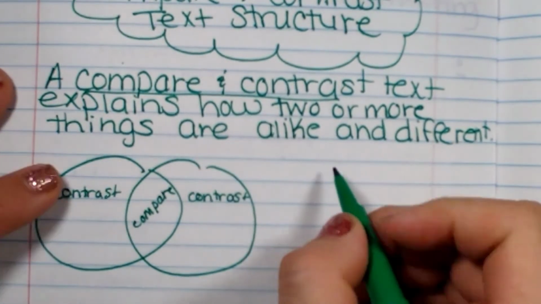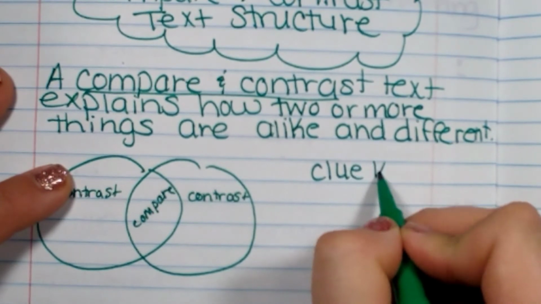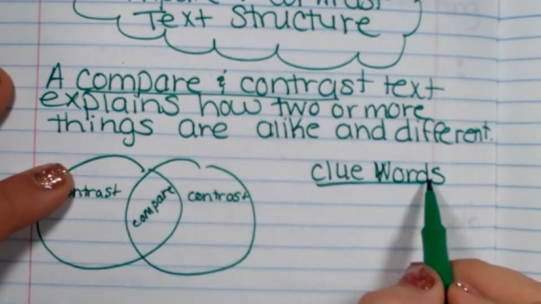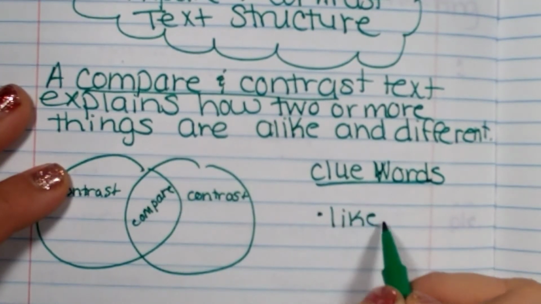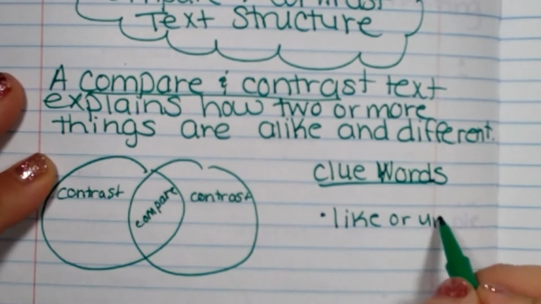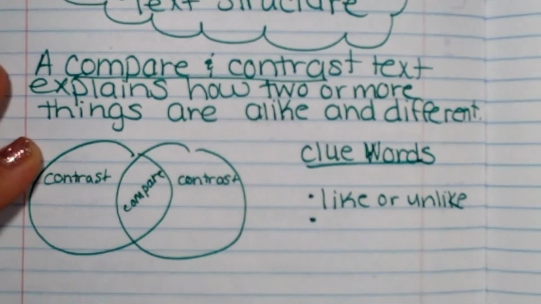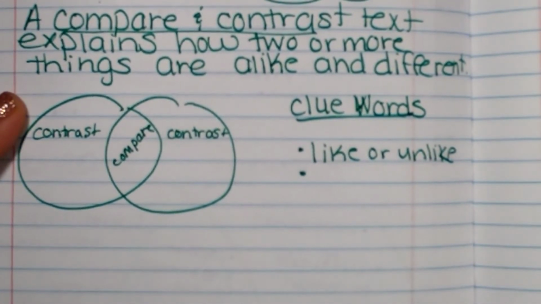Here are some clue words or keywords that tell us it is a compare and contrast text structure, such as like or unlike. So if I see these words, it most likely will tell me that this is a compare and contrast text structure.